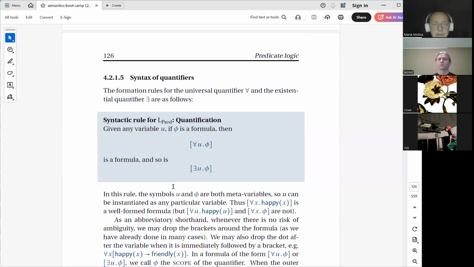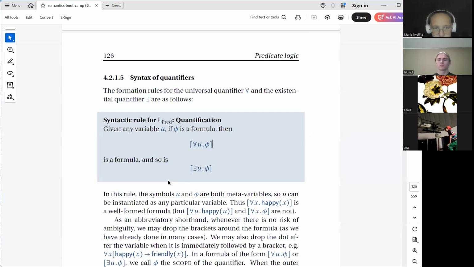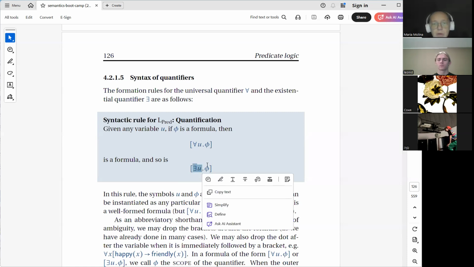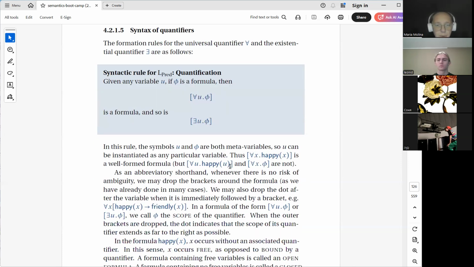If phi is a formula, then we add the quantifier: all u such that phi. And this is also a formula. Some u such that phi. This is also a formula.